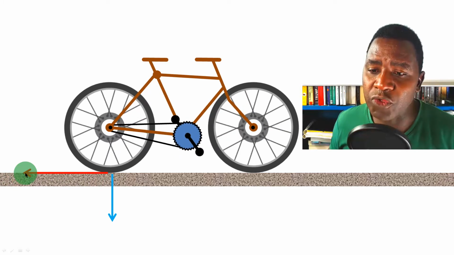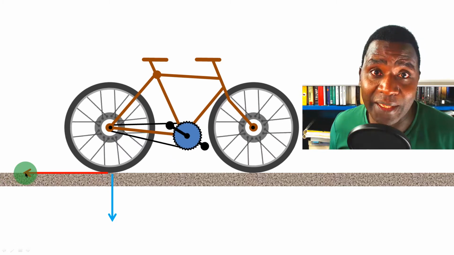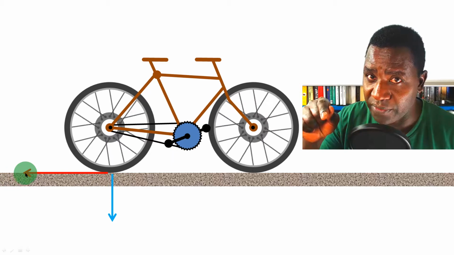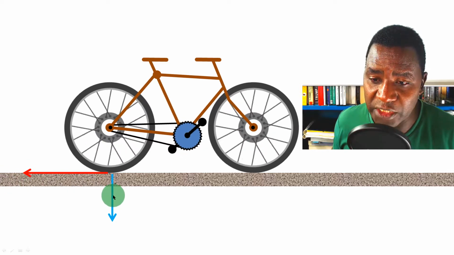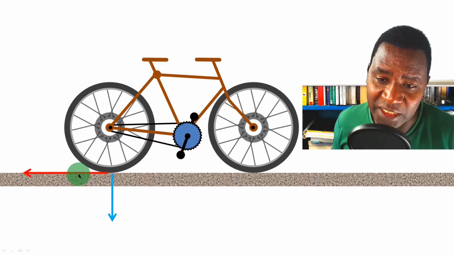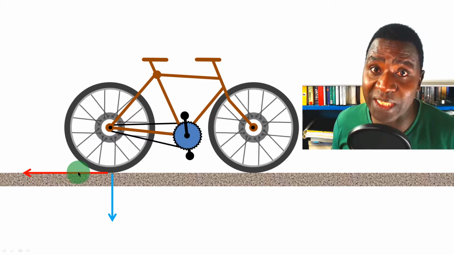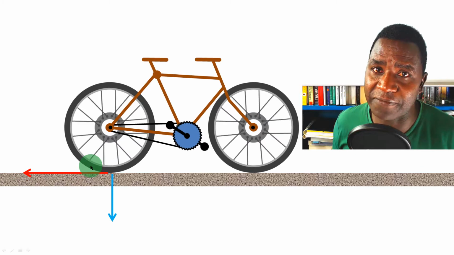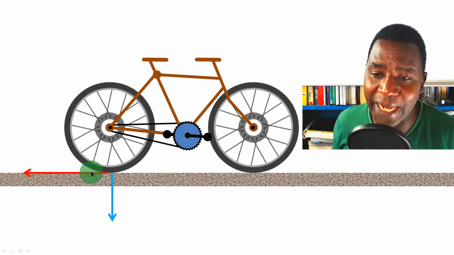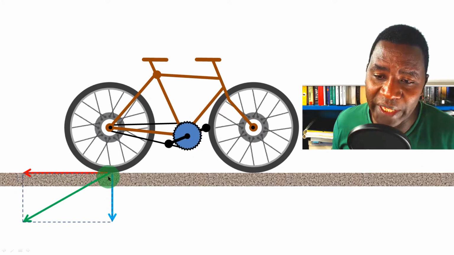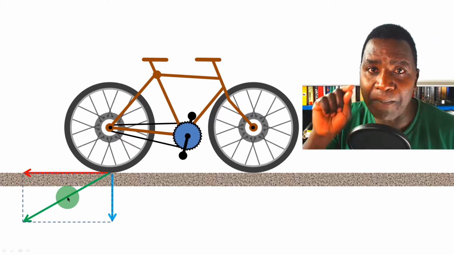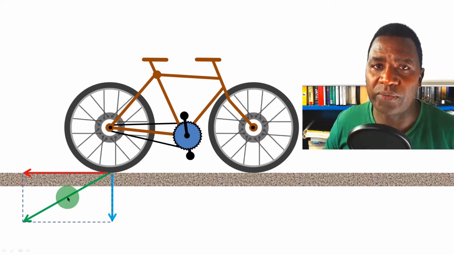So when you add those two forces, remember we are looking at the forces which the bicycle exerts on the road. One of them is the weight of the bicycle. The other one is this force which we can call the driving force because it comes from the tire itself. So if we add these two forces, we are going to get one force, this force here, which the bicycle exerts on the road.